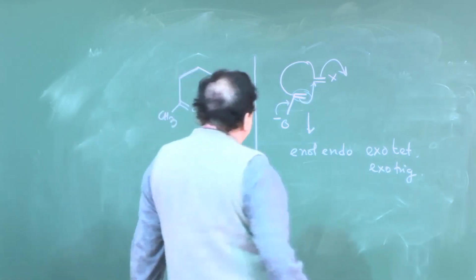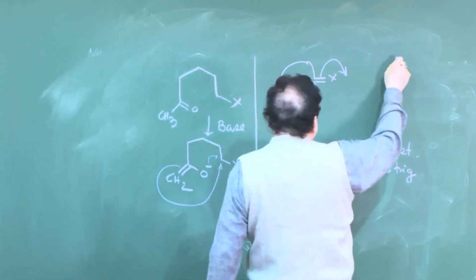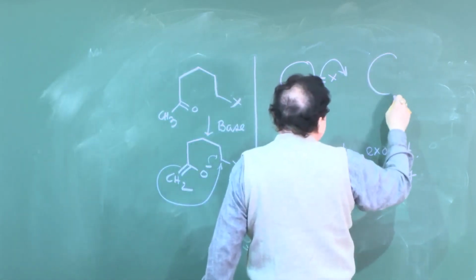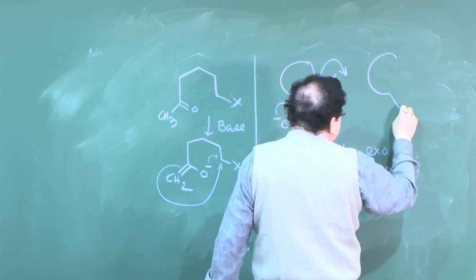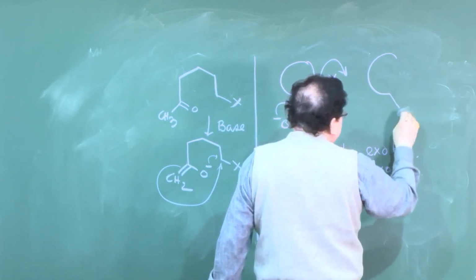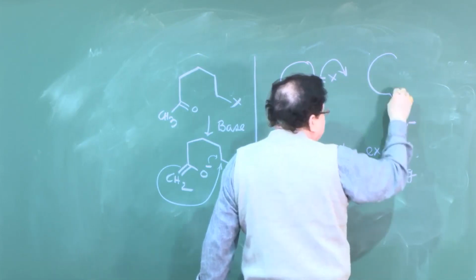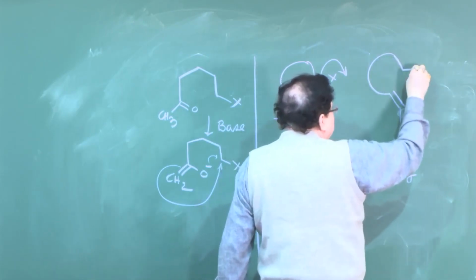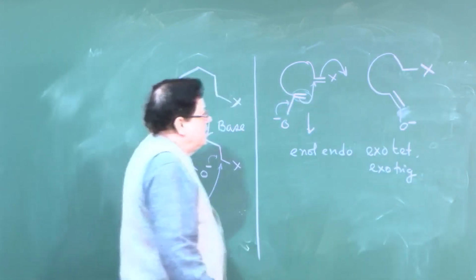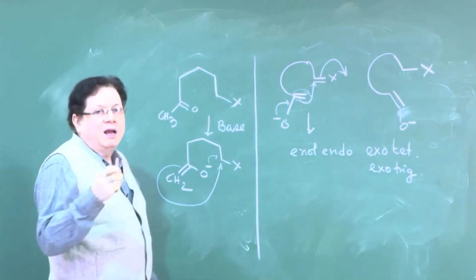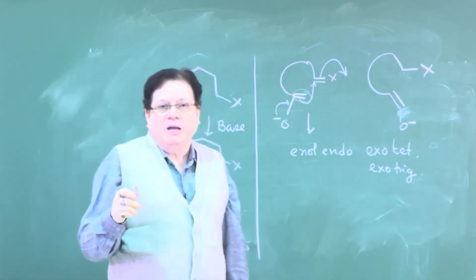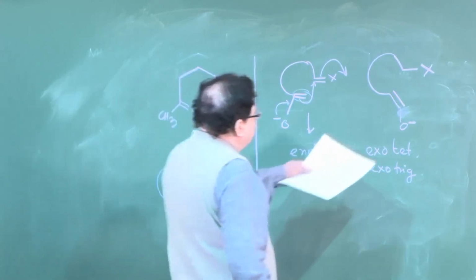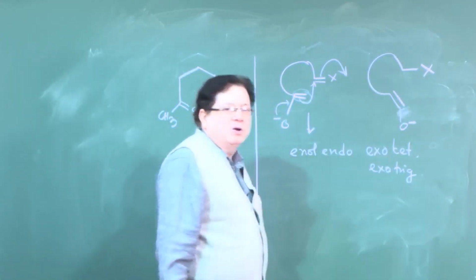Okay. On the other hand, there is another type of possibility, that is you have O minus here, the enolate is like this, and this is the carbon where the attack takes place. Okay. The carbon bearing either the leaving group or the double bond or triple bond.